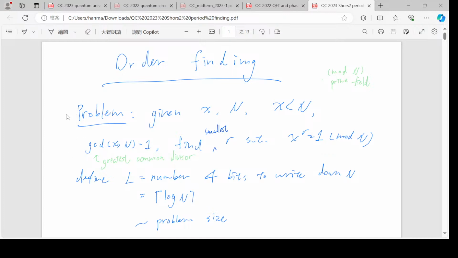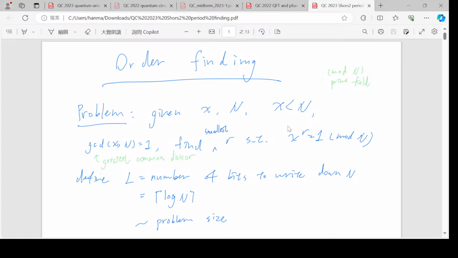Even for this problem to make sense, there is already some number theory going on. I think Fermat's little theorem says that if they are coprime, then there is some r such that x^r equals 1 mod n. It is some number theory you need to prove, but it's pretty easy to prove. We're not going there.